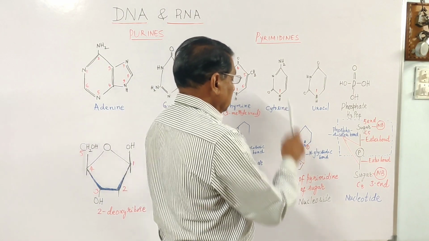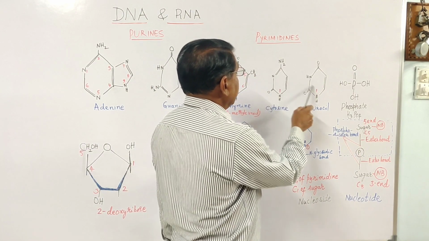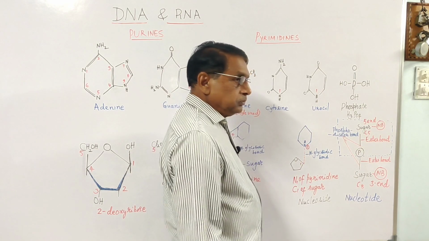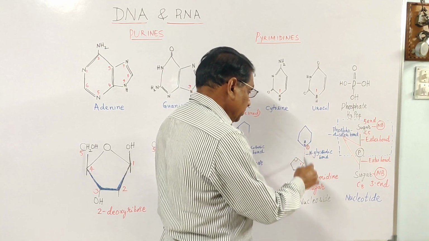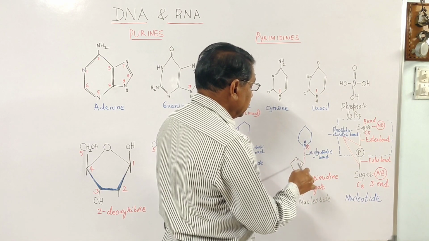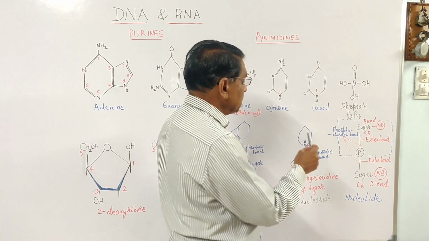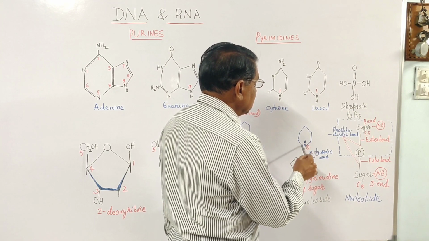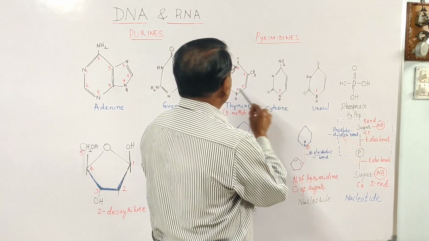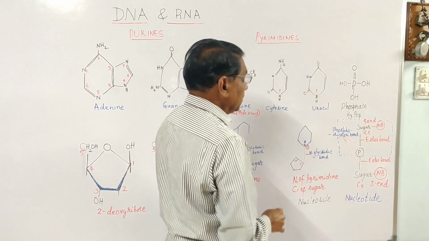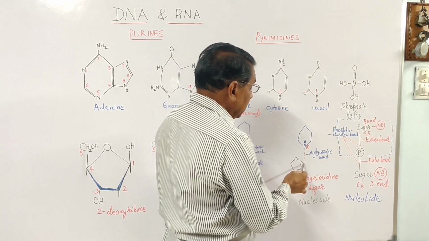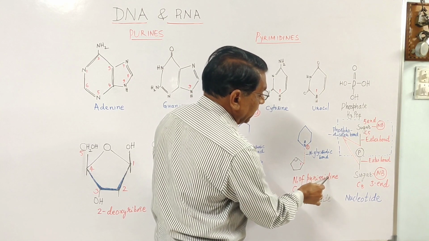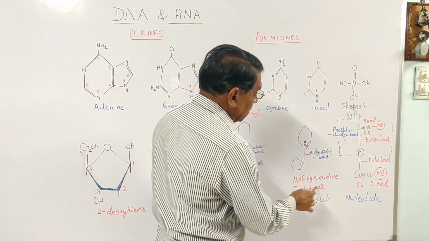Then if the nitrogen base is a pyrimidine, thymine, cytosine or uracil, the same glycosidic bond forms between the nitrogen base and the sugar, but the difference is that this glycosidic bond is formed between the first nitrogen of the pyrimidine and the first carbon of the sugar: N1 of pyrimidine, C1 of sugar.